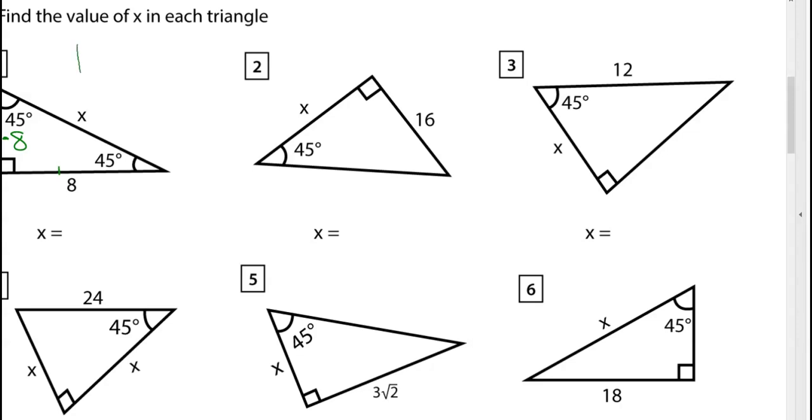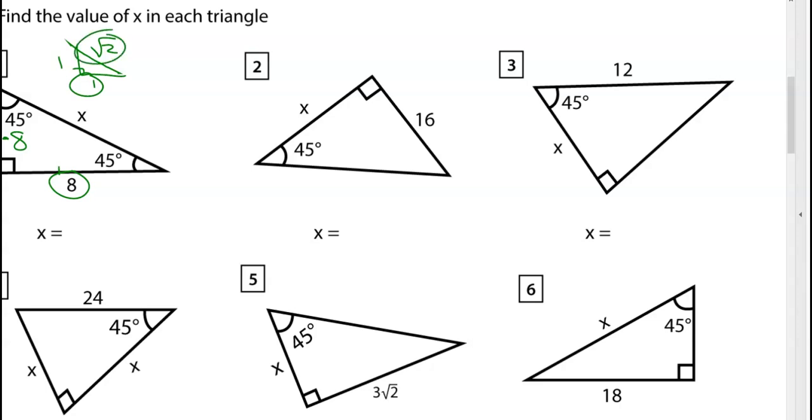And we talked about in the last class that the toolkit triangle for 45, 45, 90 is 1, 1, root 2. So the scale factor between these two sides is 8, because 8 divided by 1 is 8.